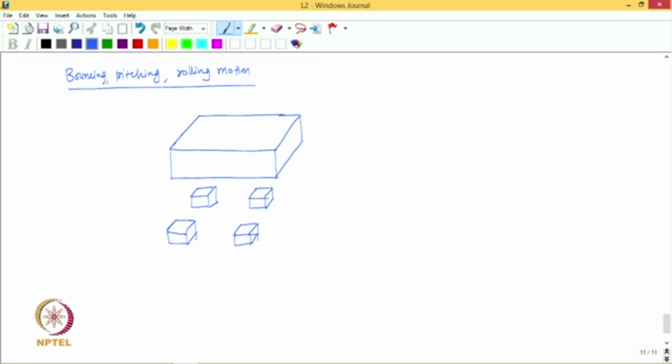And then of course we will have the suspensions, the spring and dashpot, and then we have this spring and dashpot for the tires. Similarly here.